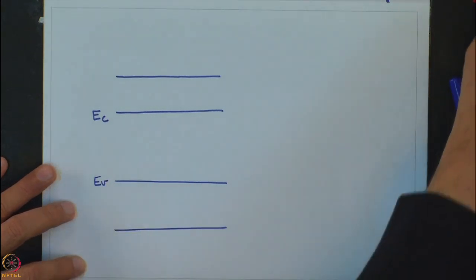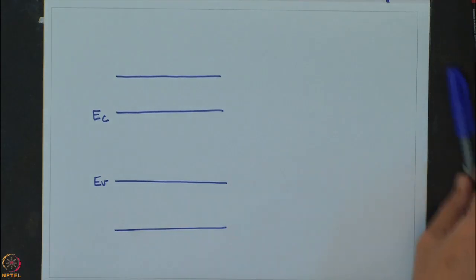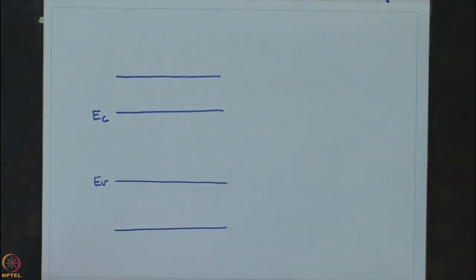Now let us make use of a very important parameter used in such systems, which is called the Fermi energy, denoted by EF. Now, what is Fermi energy? Fermi energy is a chemical energy which remains constant for the material throughout in the equilibrium condition.